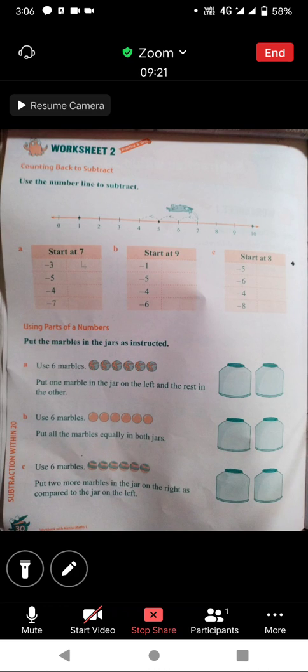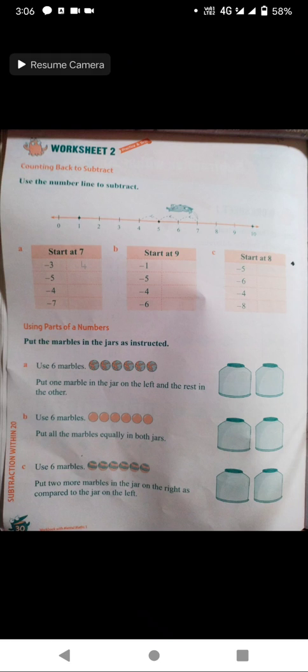So what do we have to do here? In question 1 we have to count back to subtract. Use the number line to subtract. So here we have a number line. Numbers are marked from 0 to 10 here. So we have to use this line to subtract.